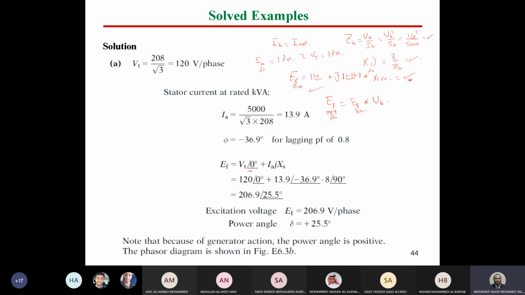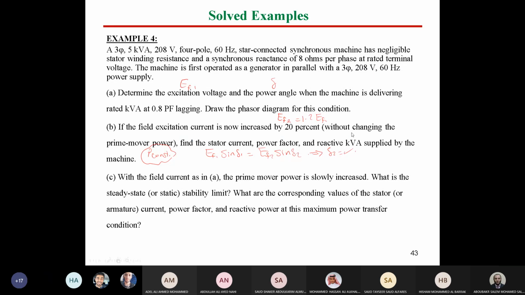Number C. With the field current as in A, we can use now EF for part A, the prime mover power is slowly increased. So at the same value of excitation, the prime mover power, like a turbine for instance, starts to be increased.